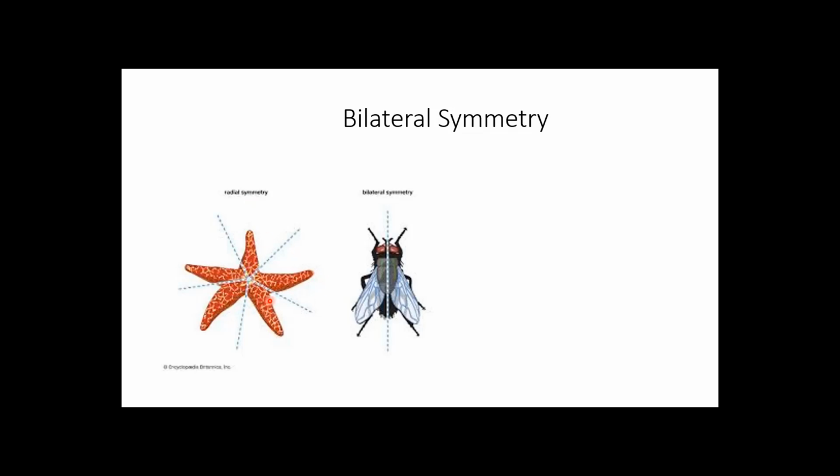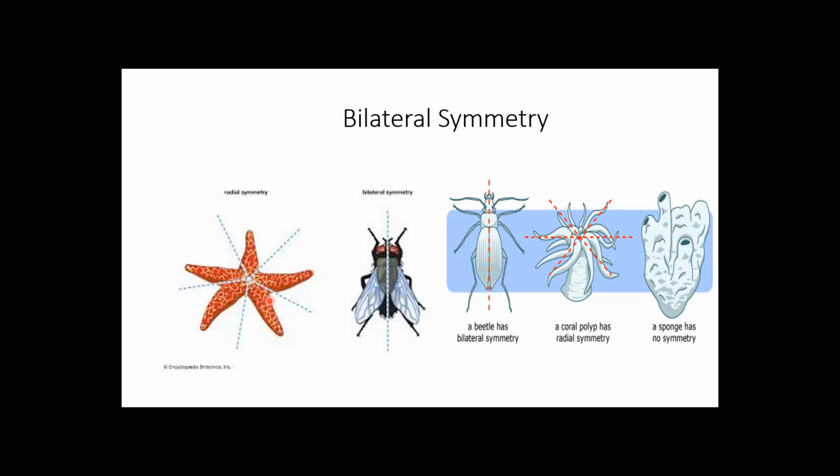They're round. If we go back even further, we have sponges, and sponges do not have any symmetry at all. We have starfish and coral polyps that do not have bilateral symmetry, but they do have symmetry. And then we have bilateral symmetry, where the left and the right side are the same.